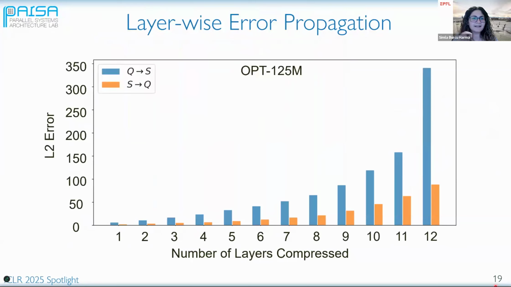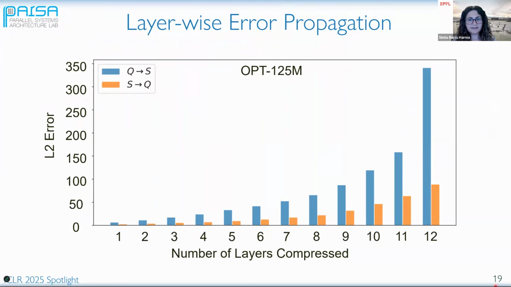We also investigate how these errors propagate over the DNN layers. Now, let's look at a practical example using OPT 125 million. On the x-axis, we have the number of layers compressed starting from the first layer. On the y-axis, we have L2 error between the compressed network and the original one.